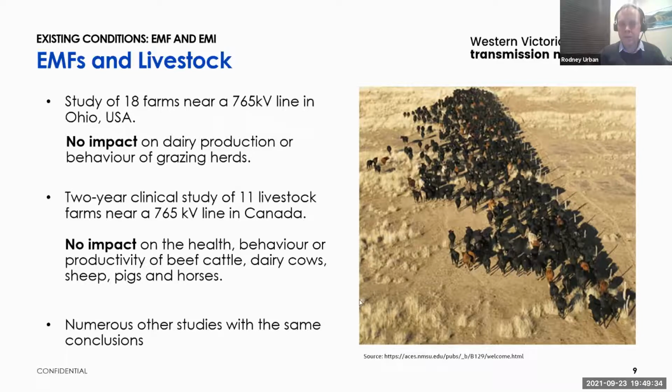It didn't just consider dairy cattle, but also sheep and pigs, horses, beef cattle. And again, similar conclusions of no impacts. And like I said, there are numerous other studies and ongoing studies and quite recent studies that are reported and that we've pulled out of the literature.